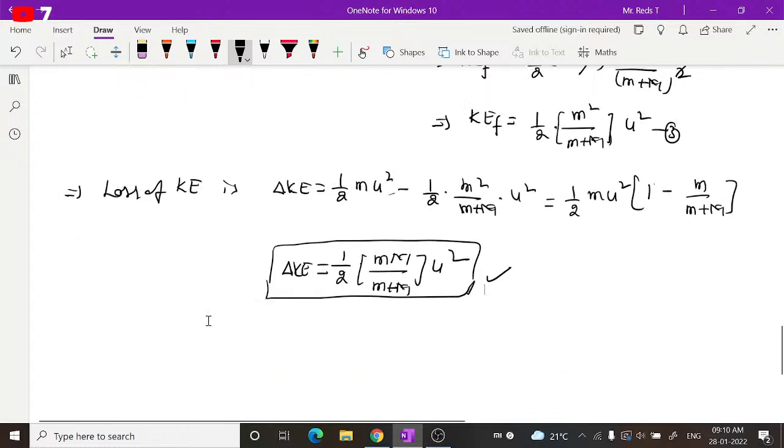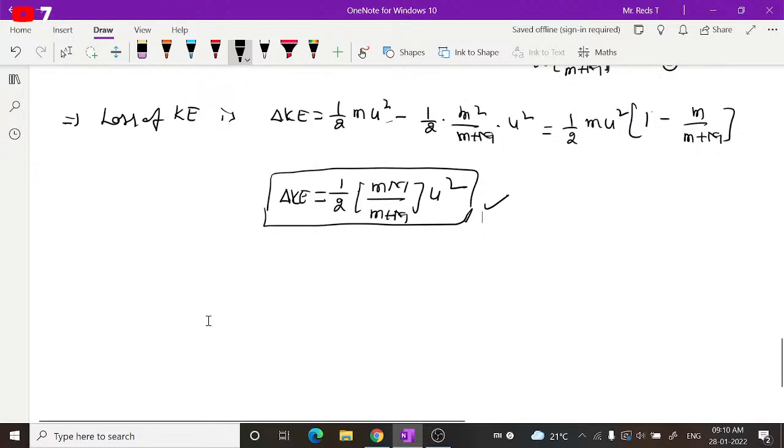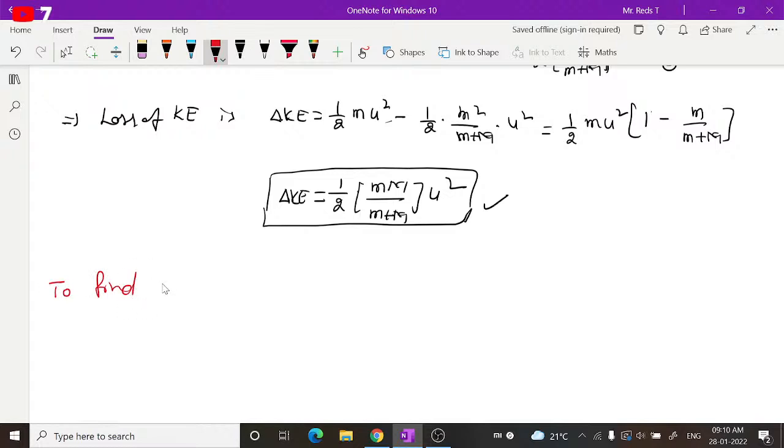To find the final velocity, or the initial velocity, in terms of height, in the case of the ballistic pendulum, to find v and u in terms of h.